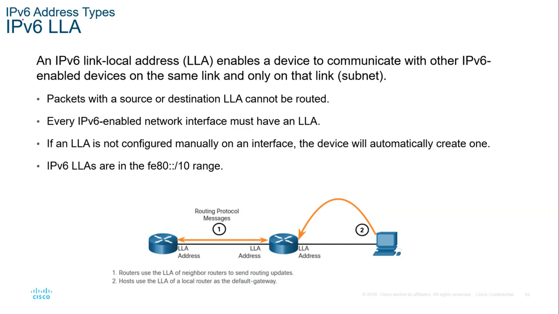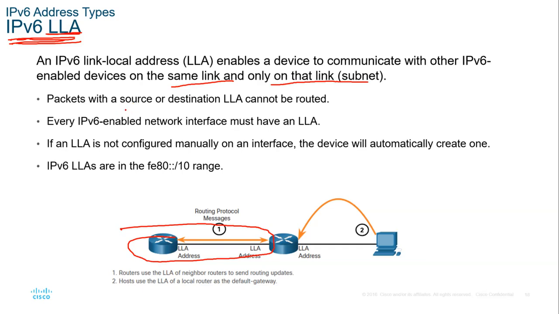We talked earlier about link local address, that it can be used, as you can see, on point-to-point or on a local network here. It enables a device to communicate with other IP-enabled devices on the same network and only on that link or subnet.